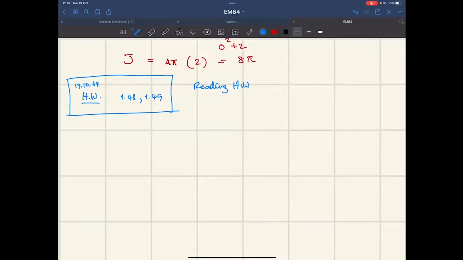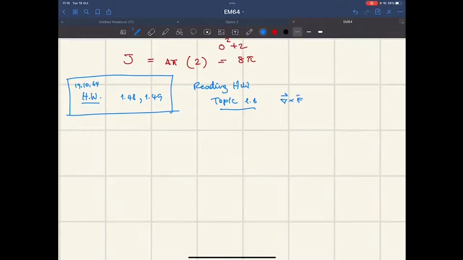Your reading homework will cover the last part of this chapter, which is topic number 1.6 in the book. Go and try to understand what you are reading. This topic is quite important actually.